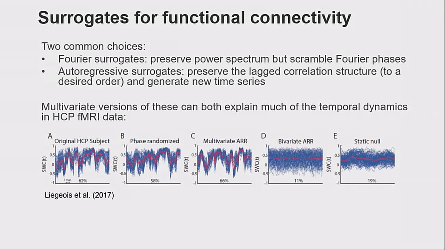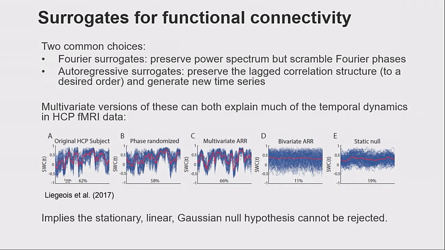You can have a model with fixed parameters, but noise input that can give you quite rich dynamics like what you see. Whereas some of the other null models that don't take into account as much of the temporal structure, you don't necessarily see that. So if you're interested in that, you should read that NeuroImage paper.